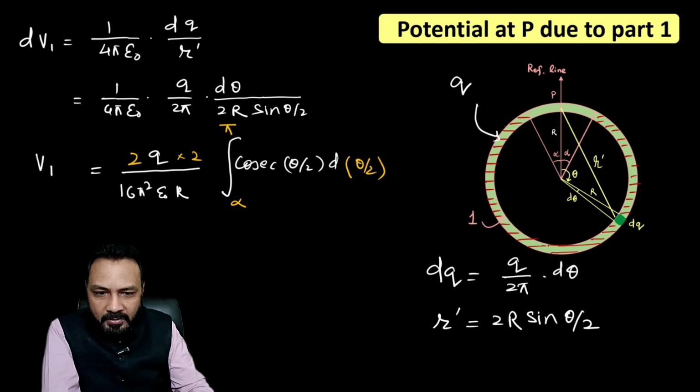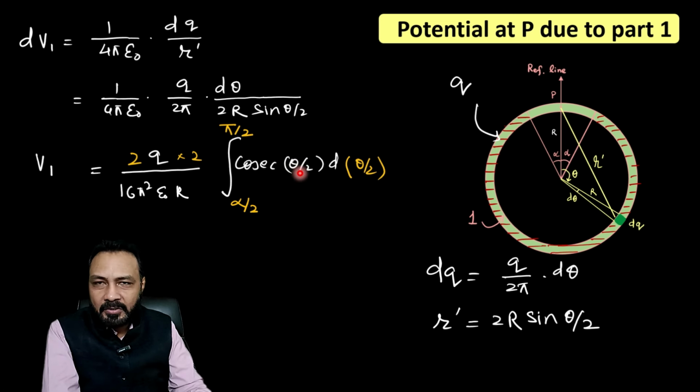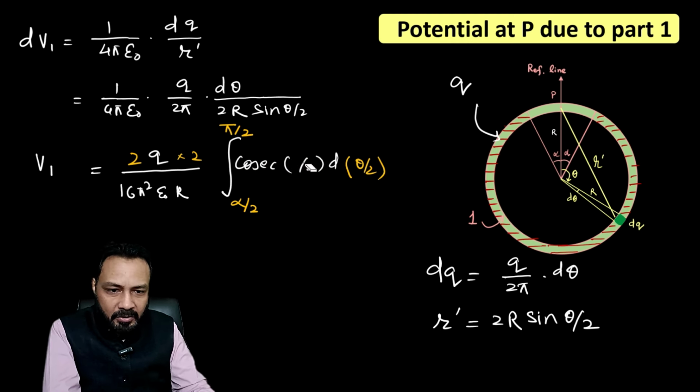Earlier the limit was alpha to pi when the variable was theta, now the variable is theta by 2, so the limit will change to alpha by 2 to pi by 2. And now it is a straightforward integration. Let's go to the next page. Before going to the next page, this theta by 2 is not looking very good, and since it is a definite integral, it doesn't matter whether I write theta by 2 or y or x. So let me just write x in place of theta by 2.